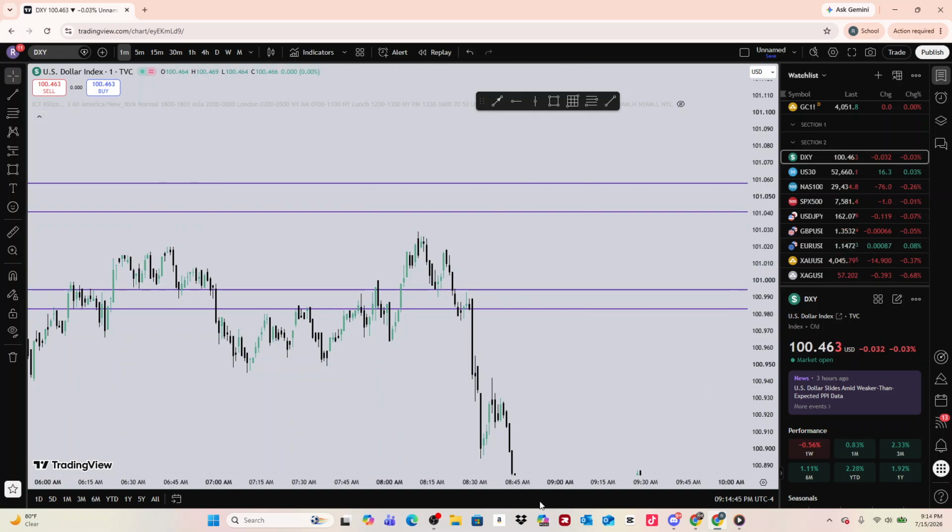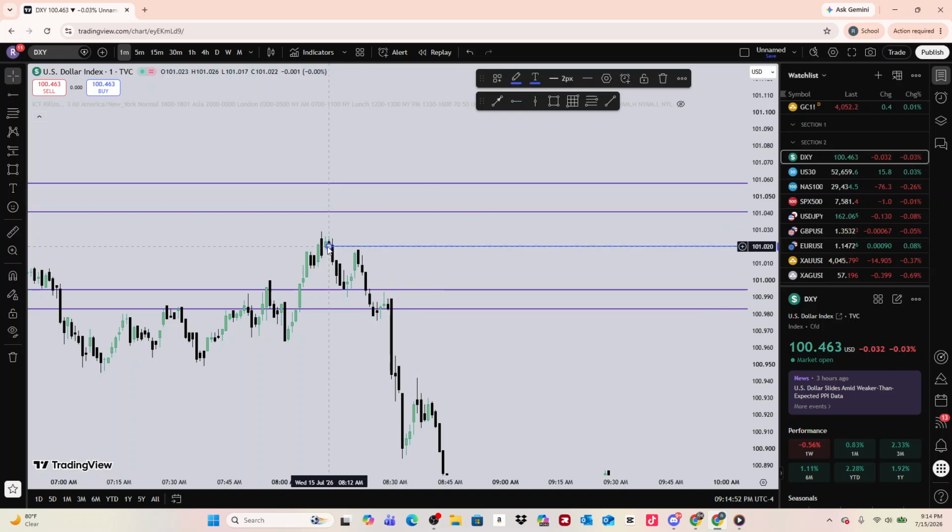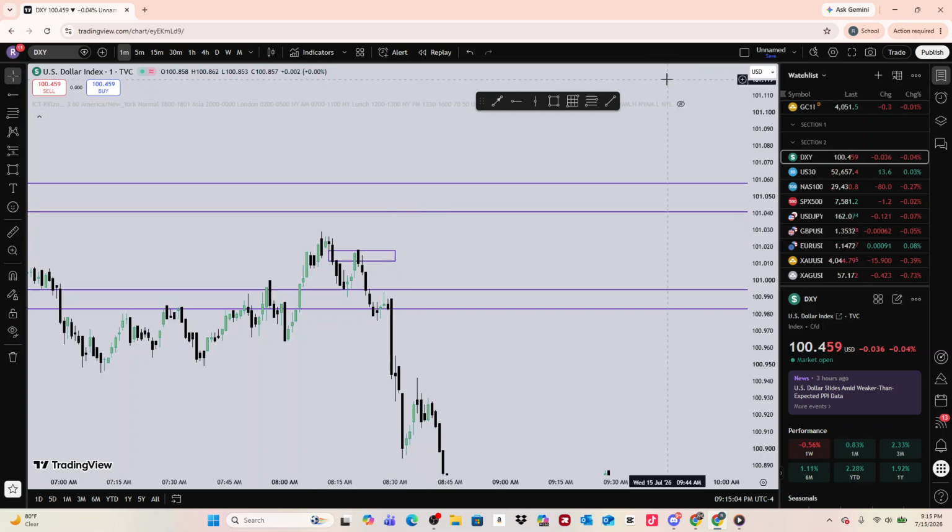Once we grab liquidity, we need a change in state of delivery, which we get here. So now we need a return back into fair value. We have a fair value gap here, and this is where we enter the trade. The same concept applies to the daily chart, the weekly chart, and the H4 chart, if you understand time frame alignment.